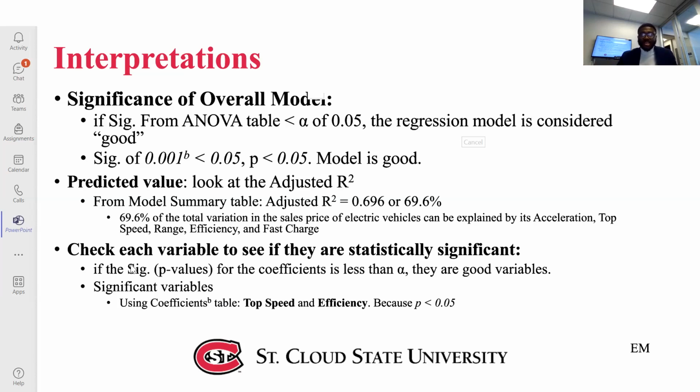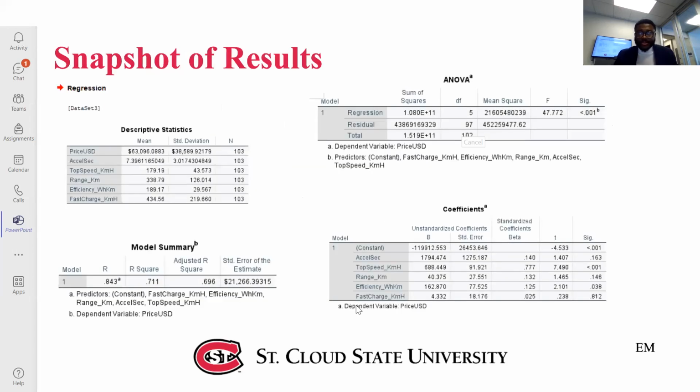Then the next step is to check the significance of each of the independent variables. If the significance of the coefficients is less than the alpha of 5%, then they are good variables. When we look back at our table, we can see that the significant variables are top speed and efficiency.